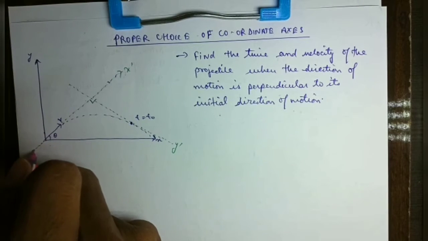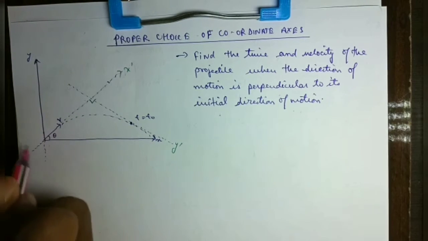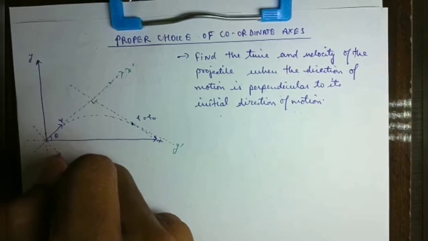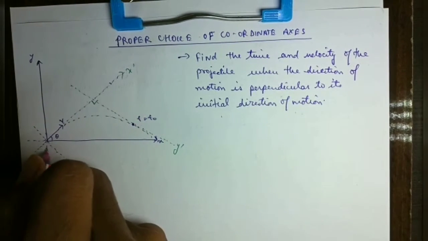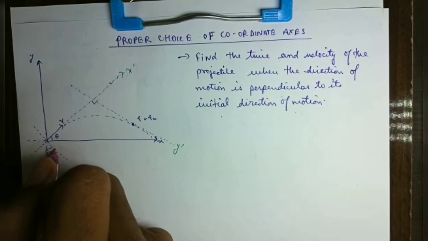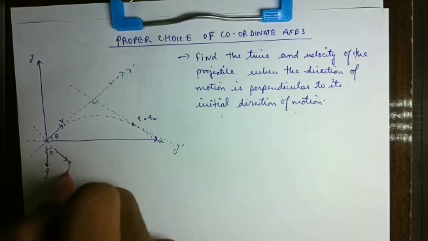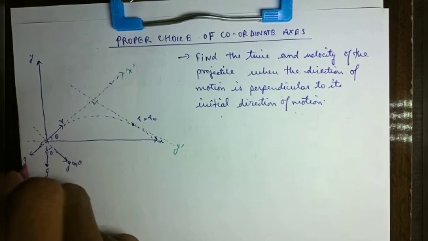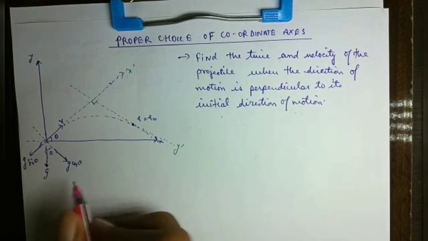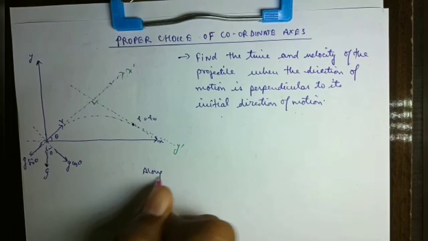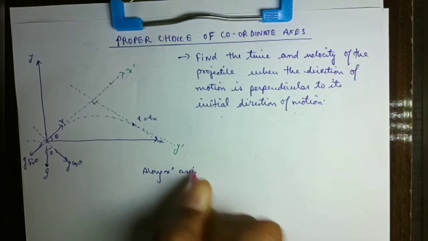Let's resolve gravity into its components along these axes. This is g, this is angle theta of course, and this is g cos theta, and this is g sin theta.